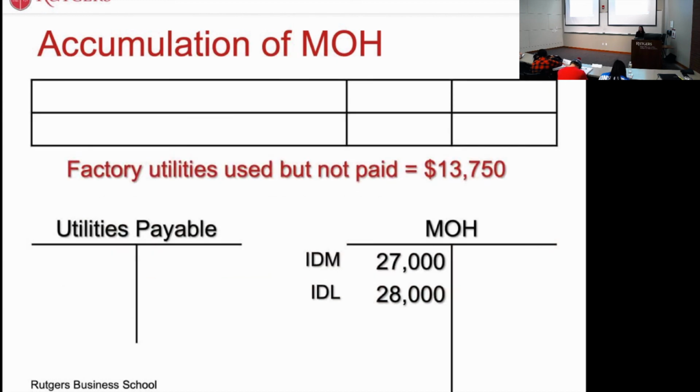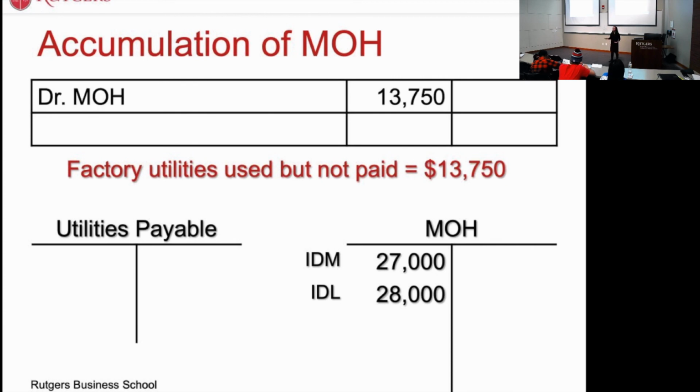So first, let's imagine the utilities are paid on account, right? So we will have some payable, and we call it utilities payable. So the factory utilities, by our classification, should belong to the manufacturing overhead, right? So we will have an increase in the overhead. So obviously, we are going to increase it by debiting it, right?